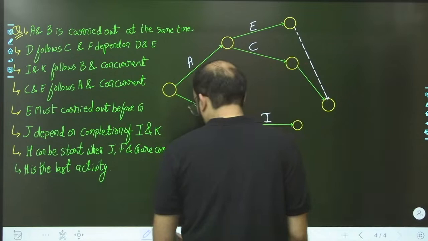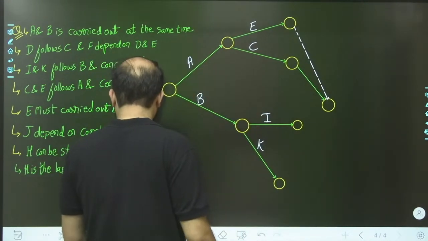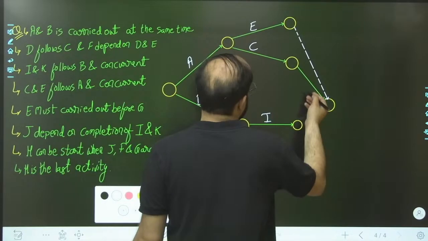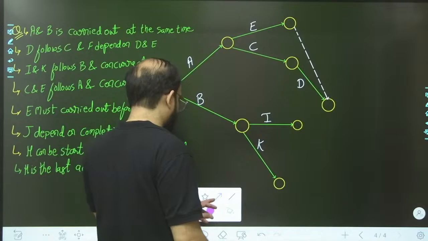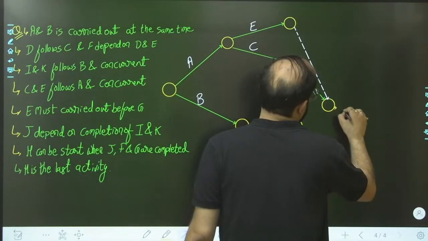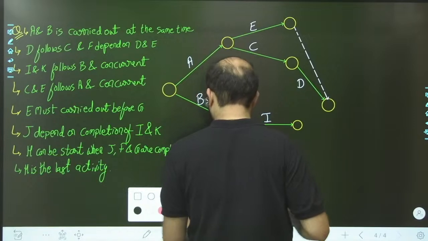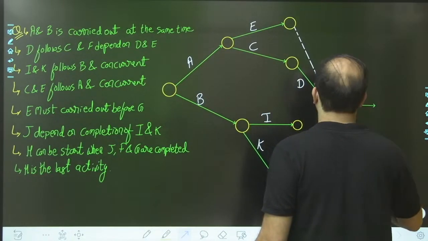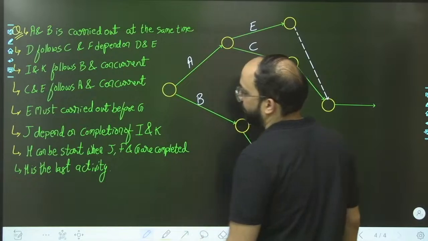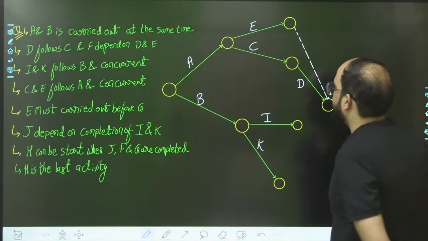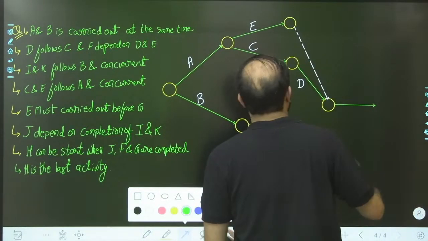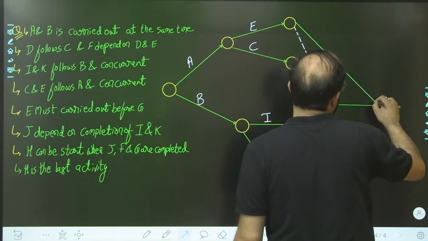Because if I say this is D, this will be F. And H is going to depend on F, G and J. F, J and G are going to be engaged by one activity only, so G can directly come here also.